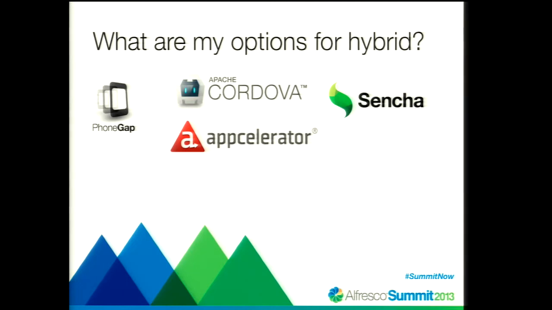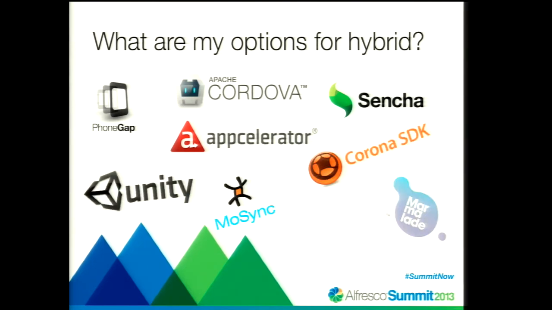And then Appcelerator have gone their own way a little bit. Again, it's open source, but they wrap the native user interfaces in JavaScript, so there's much less user interface work to be done. And then there's lots of others out there. A lot of these are very specifically for games. Unity is a very popular platform for writing games, and you can use C++, Objective-C, Lua script, all sorts of things.